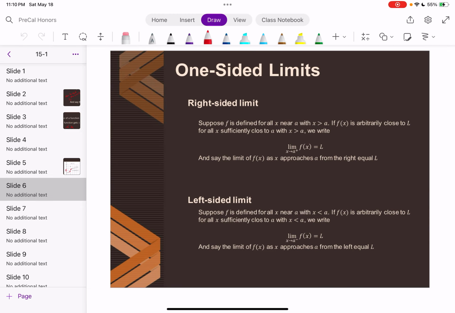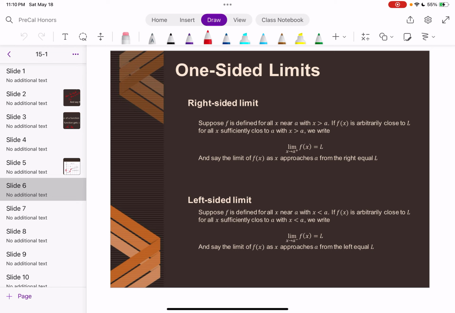Let's talk about right-sided and left-sided limits. In this case, a right-sided or left-sided limit is generally a one-sided limit that is going from that specific side.